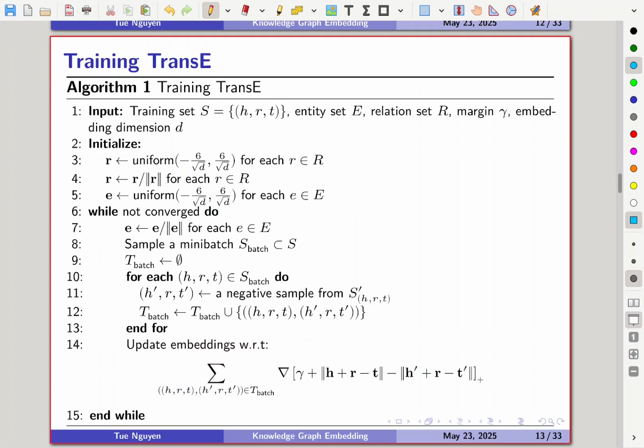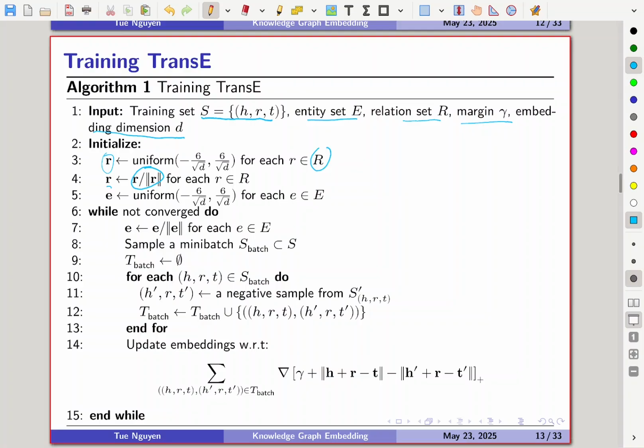This is the algorithm for training TransE. We start with the input training set S, entity set E, relation set R, the hyperparameter margin gamma, and embedding dimension d. Step one is initialization. We initialize the relation embeddings with a uniform distribution. Then we normalize the relation embeddings to unit vectors to keep the model from cheating.